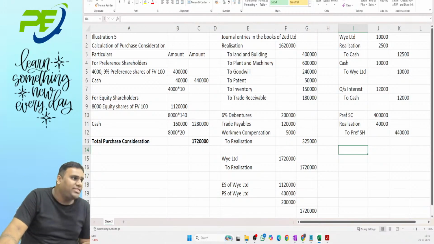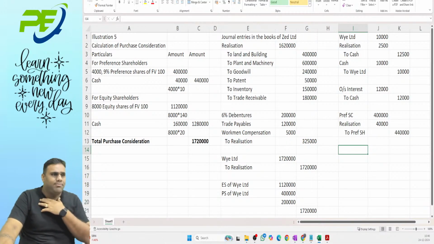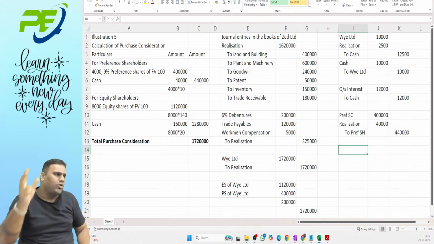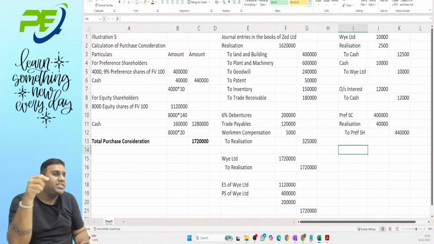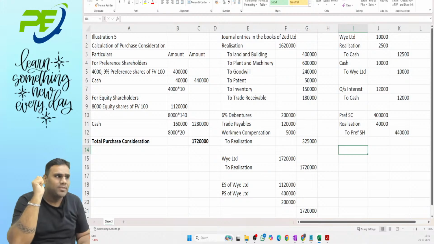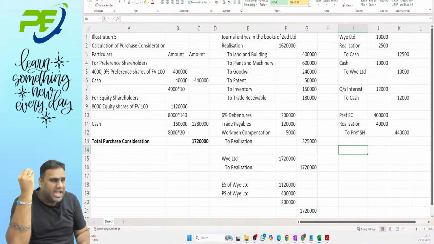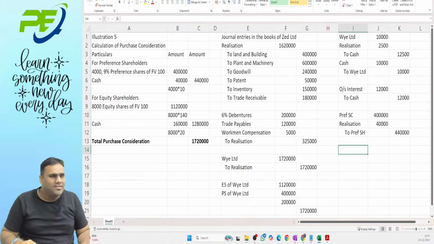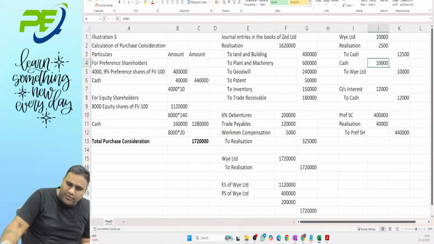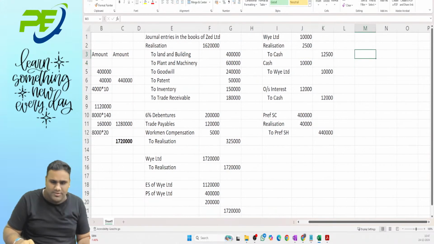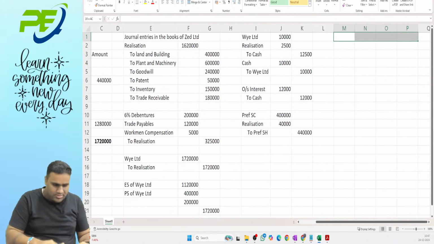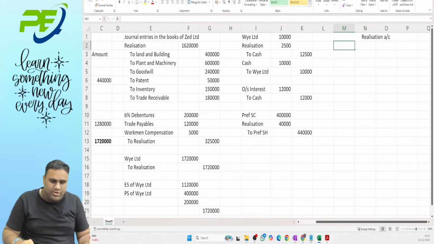Now realization profit. So there are two options, guys. Now realization, have they asked it in the question? Bhaiya, the question did not ask anything. So what we will do, we will prepare the realization account.